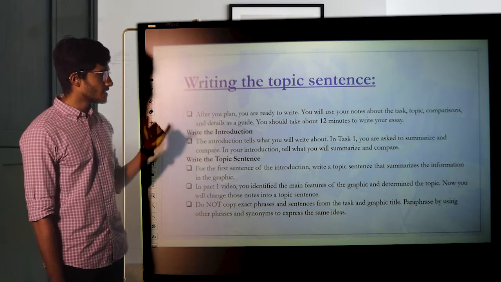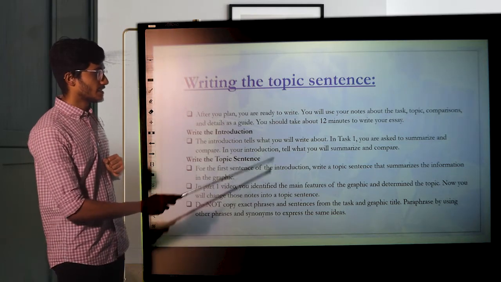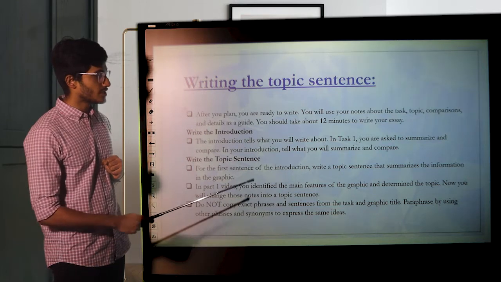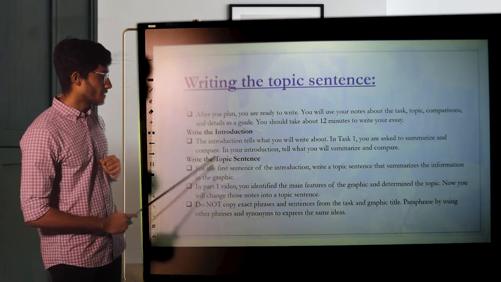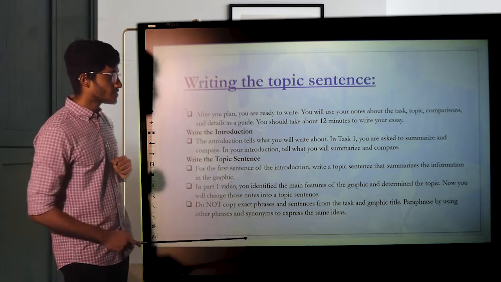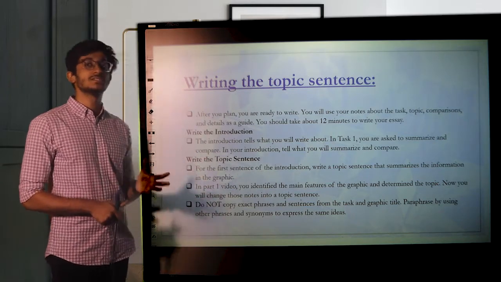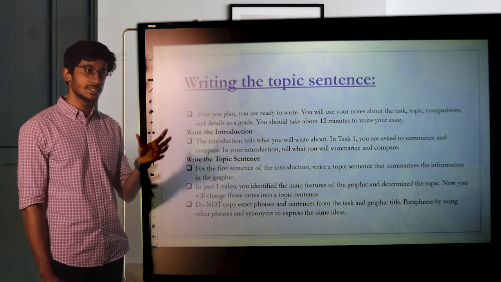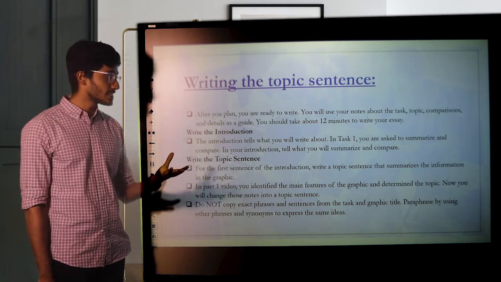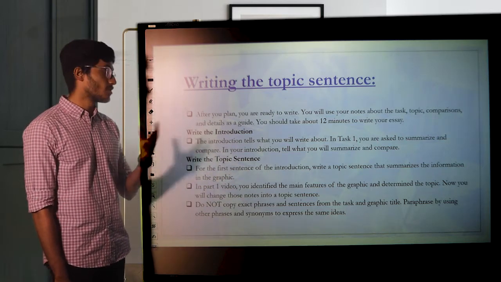The introduction tells what you will write about. In Task 1, you are asked to summarize and compare. In your introduction, tell what you will summarize and compare. Remember the task instruction: you have to summarize and jot down the details and make comparisons where possible.